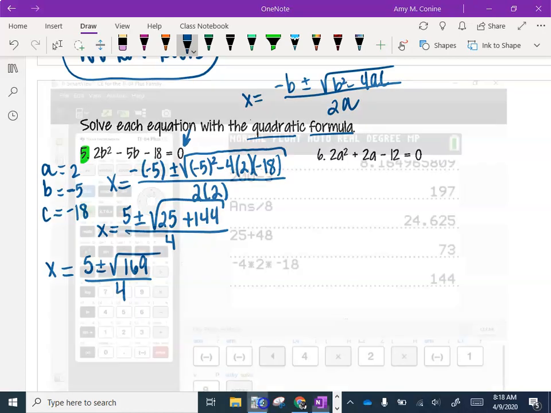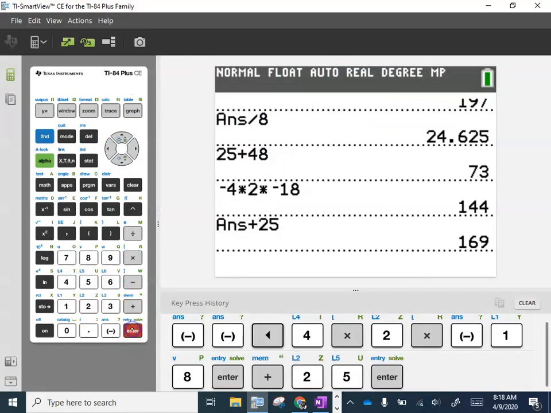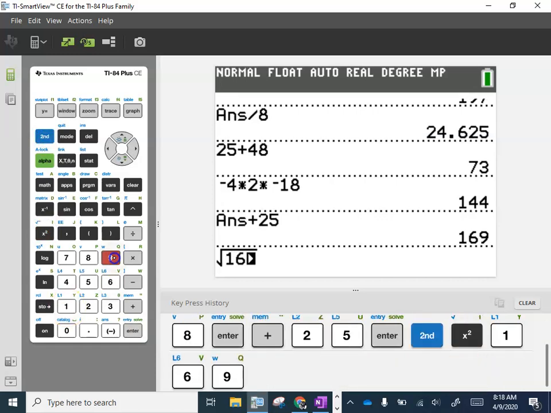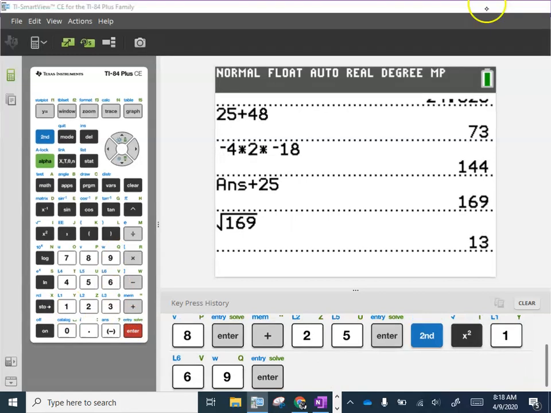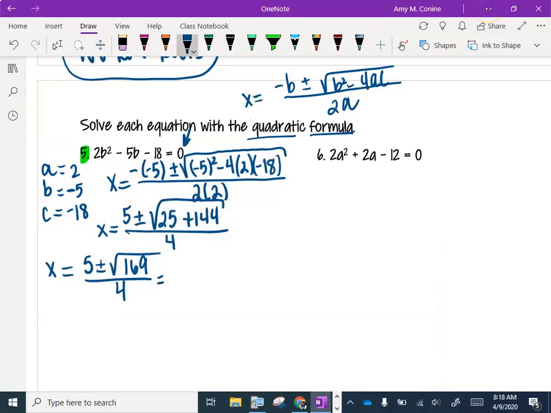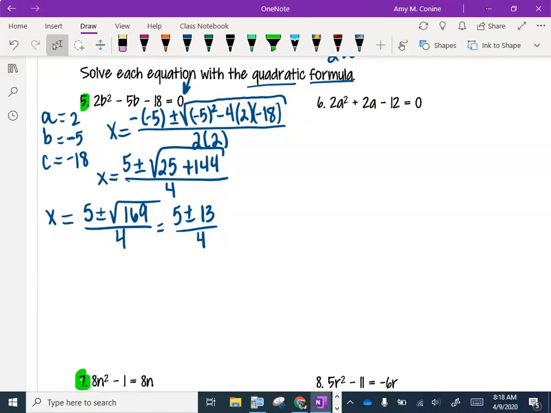Okay, and if we need to check that, we're going to. So 25. And then this was one of the perfect squares that I had you memorize. But in case you forgot, 169 is a perfect square and you get 13. So 5 plus or minus 13 over 4. Now you would not leave this like this.